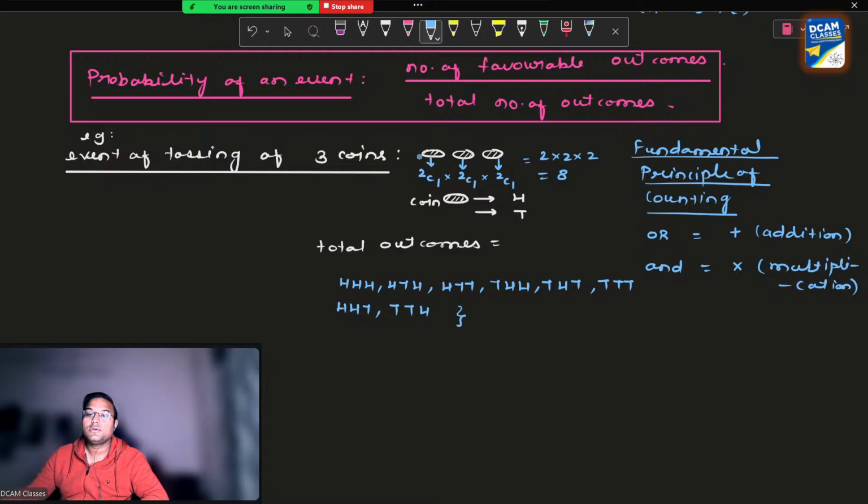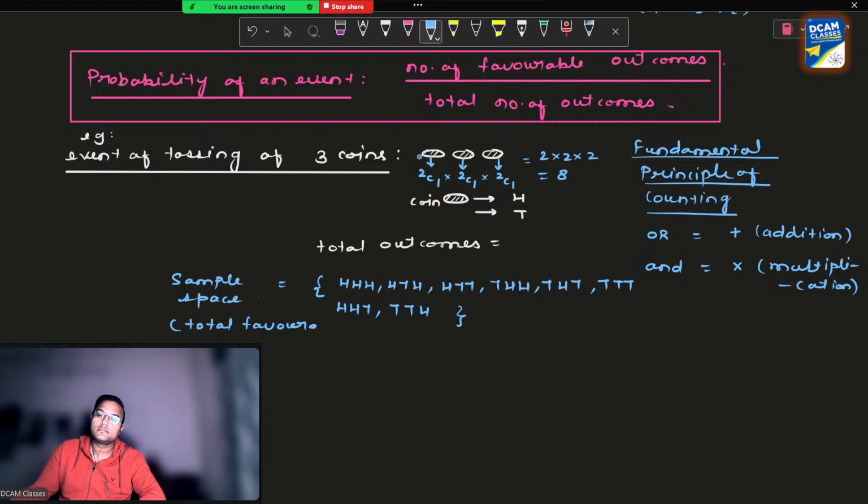These are all the possible outcomes. Like this, we calculate how many outcomes there will be. Now this becomes my sample space, or total outcomes. Understood? How do we make a sample space?